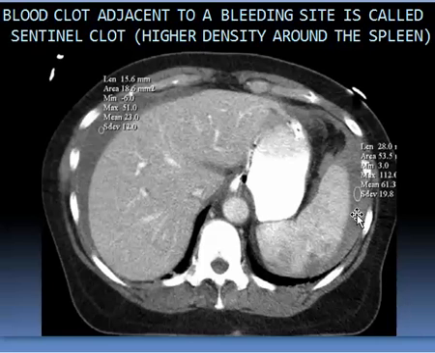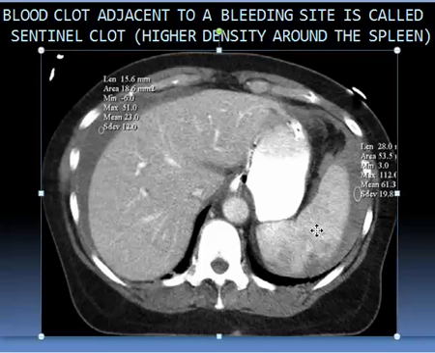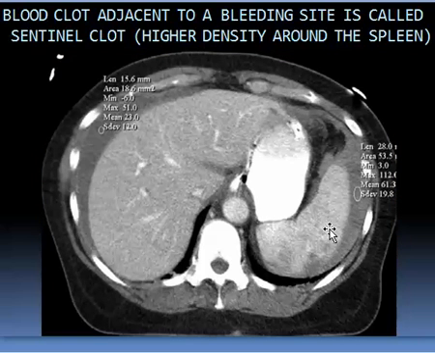The density here is higher than the density there, so this points to that this organ is the one bleeding, and that's why the name sentinel clot. So the word sentinel clot is meant by the bleeding or the clot near to the organ involved. It points to the organ involved.